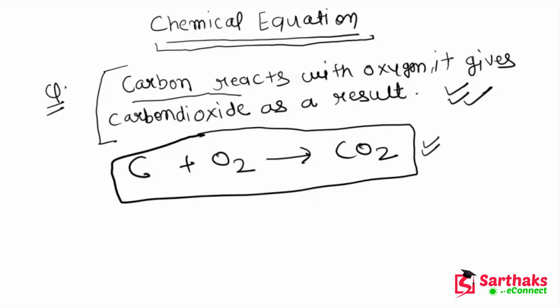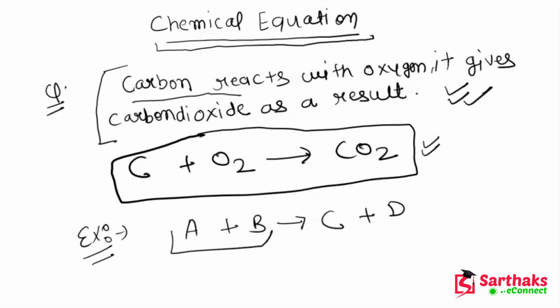Now, in general, how can we write a chemical equation? Basically A plus B, then we add an arrow, then C plus D. In this equation, A and B are reactants.